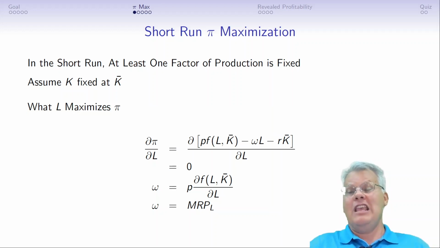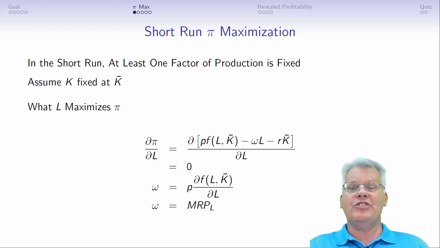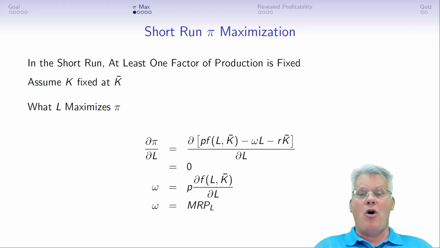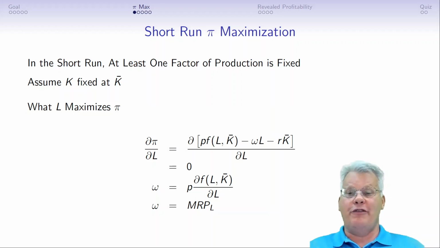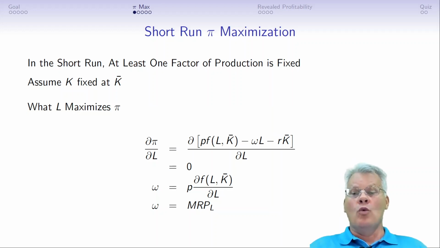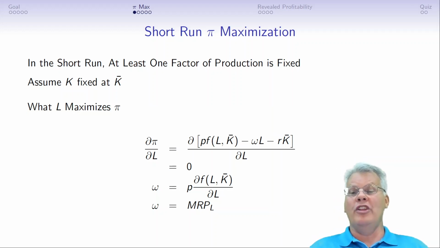So in other words, if the firm hired an additional hour of labor, the number of units of output that they produce would be given by the partial of F with respect to L. That says how many units of output did the firm manufacture with one more unit of labor. We multiply those units of output by the price at which they're sold, and we get the revenue the firm generates.